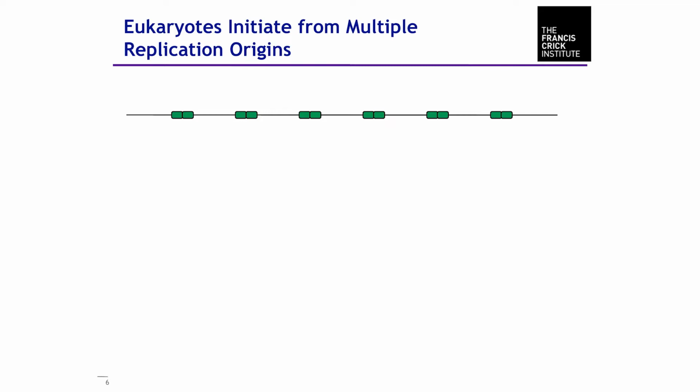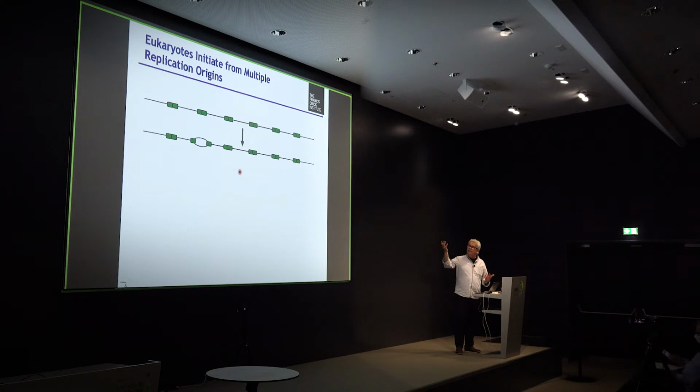But in eukaryotes, and one can even see this in archaea, which I won't go into, I'm happy to discuss later if you want, replication doesn't initiate from a single replication origin. In fact, it initiates from many, many replication origins. In a typical human cell S phase, it's probably somewhere around 50,000 replication origins. And these origins can be activated. They're just drawn by these green squares.